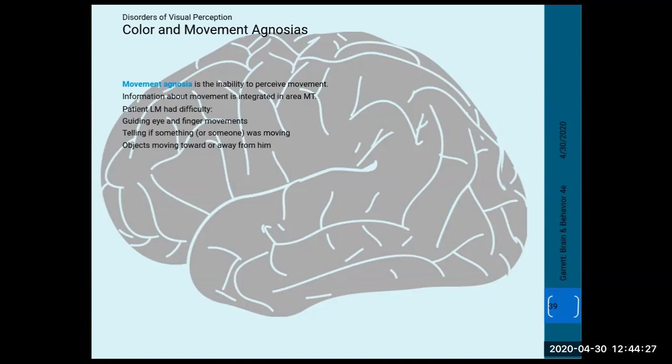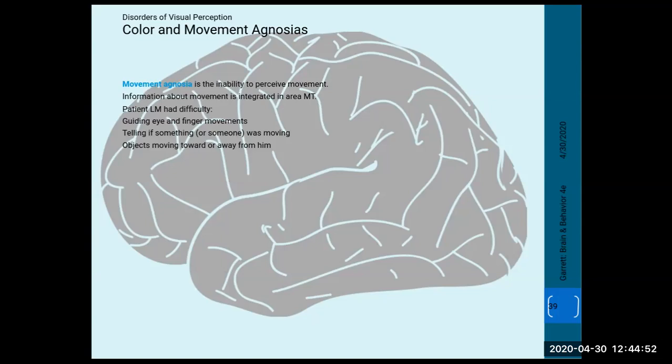Think about the finger test, if you've ever potentially had a concussion or hit your head, where the neurologist would have you follow his or her finger with your eyes without moving your head. If the area MT or V5 is damaged in this dorsal stream specifically, then you will have trouble seeing movement.